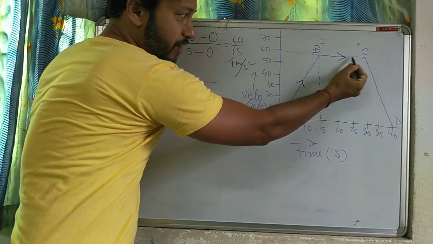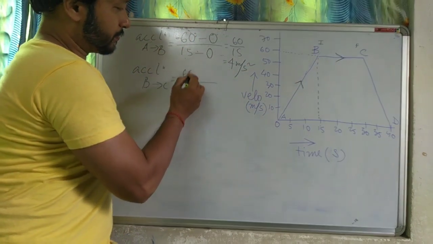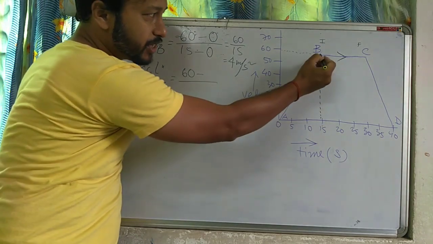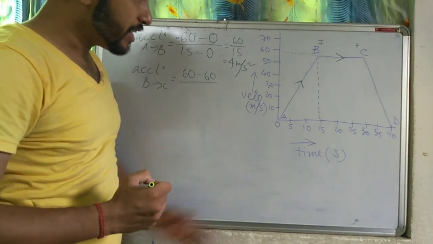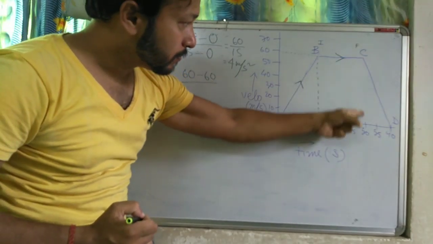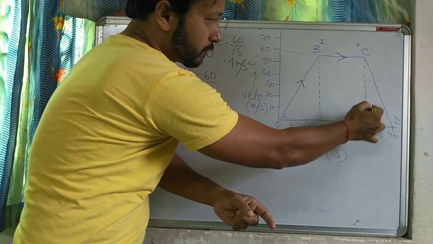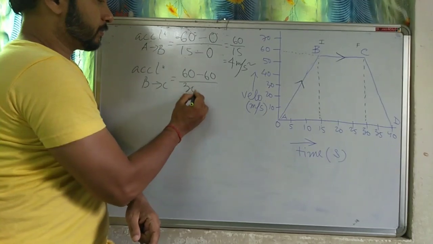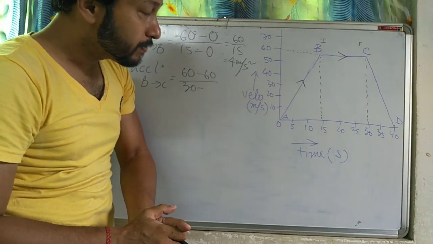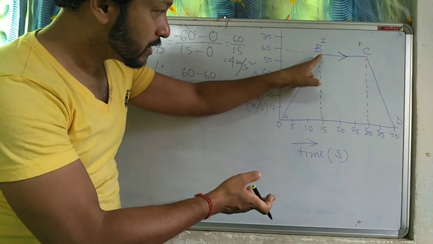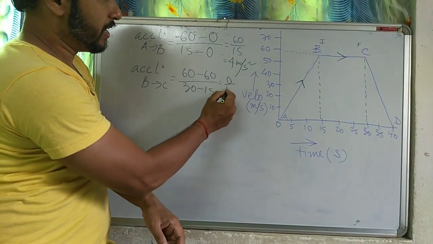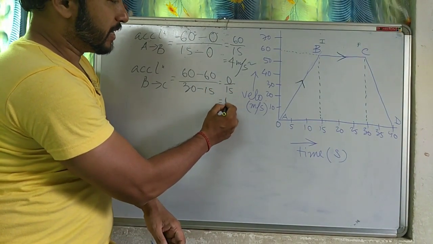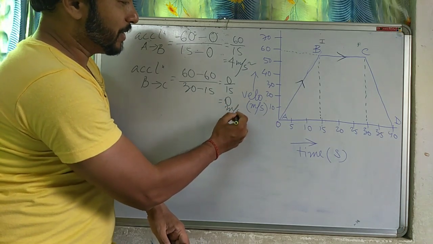So the final velocity is 60, minus the initial velocity, again 60. The final time is 30, the initial time is 15. So 0 by 15, that is 0 meter per second square.